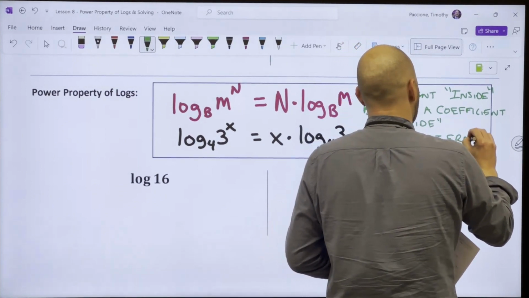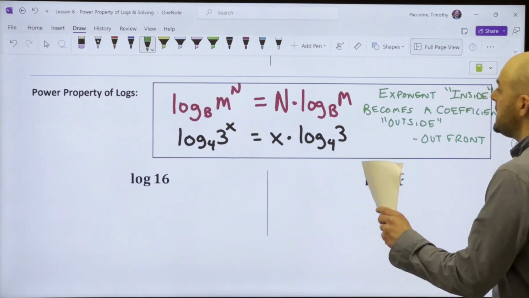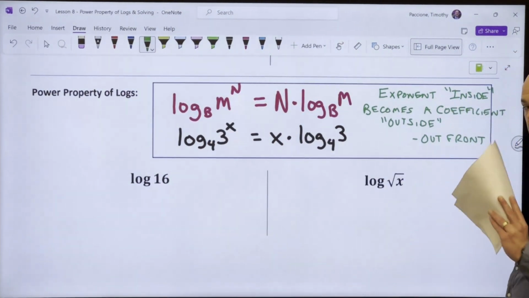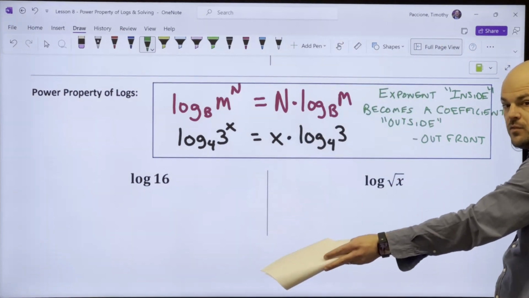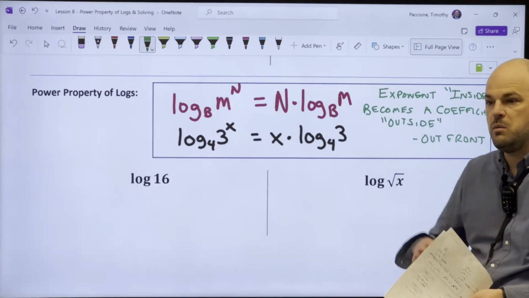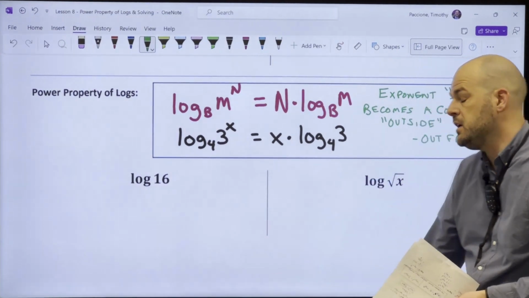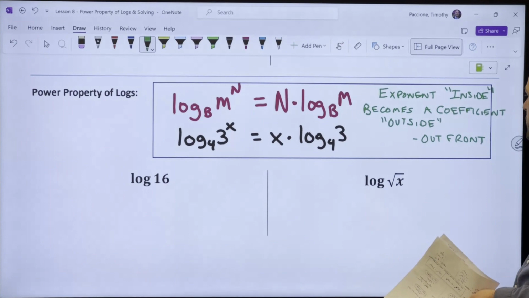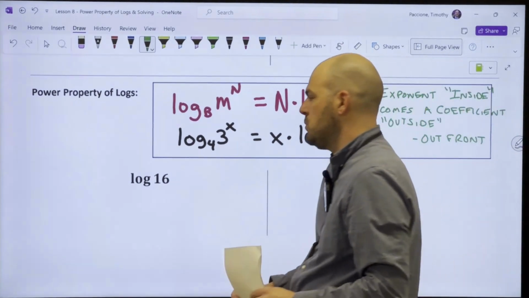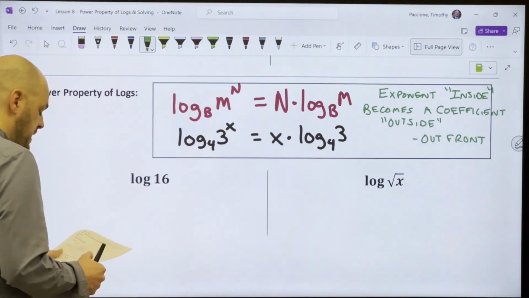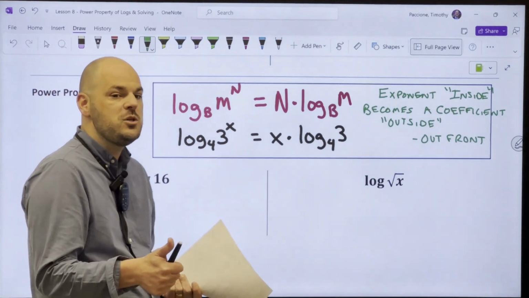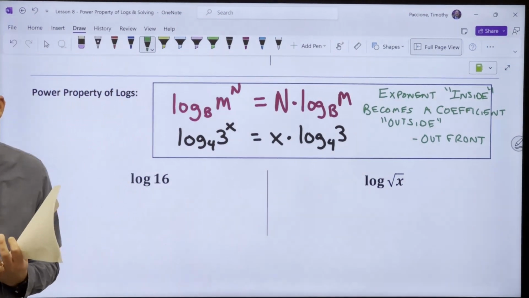That wording seems to help people, right? So if you have an exponent on the inside, meaning it's part of the answer part of the log, then it goes to the outside, in the front of the log, right? And it becomes a coefficient. Remember, coefficients are things that we multiply by terms, okay? So it just becomes a number we multiply out front, okay? So here we go. Let's do a couple examples, and then we'll kind of try to go back and forth, and then we'll come to topic 2 of the day. There's 2 topics today. Okay?